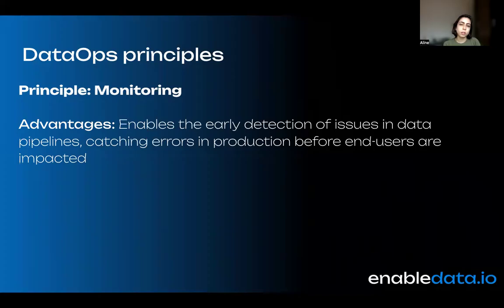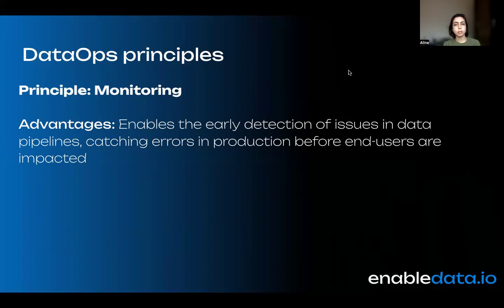So the early detection of issues is not only for data pipeline runs, if one failed to run, for example, but also in the data itself. Maybe the pipeline ran, but your data was not correctly transformed, and that will impact your end users.